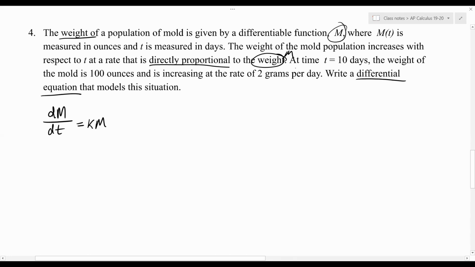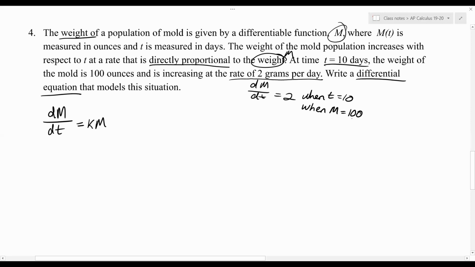So it gives us a little more information. At time t equals 10 days, the weight of the mold is 100 ounces and is increasing at a rate of 2 grams per day. So a rate of 2 grams per day means dm/dt equals 2 when t equals 10 and when m equals 100.